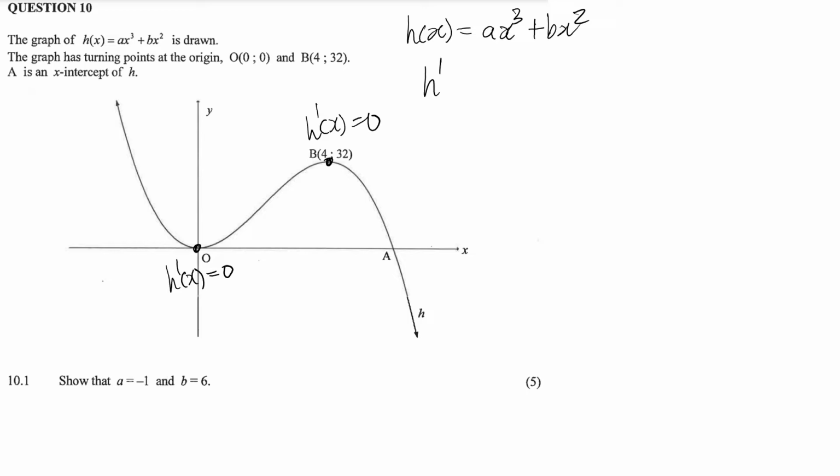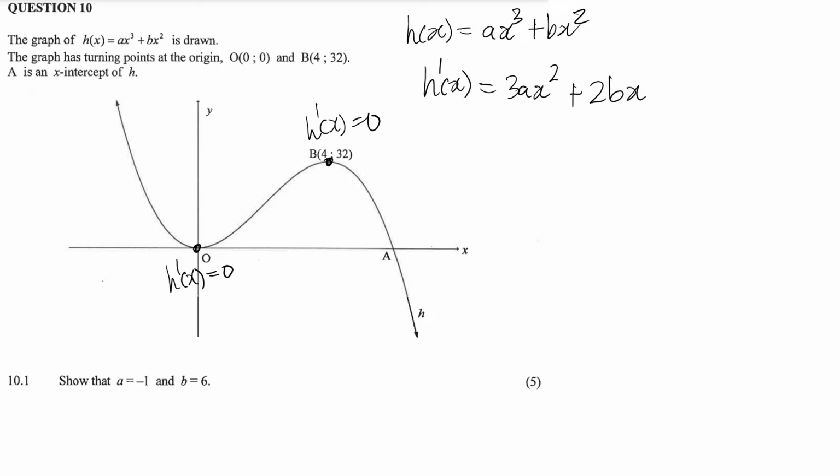So what we can do is first differentiate this equation by using the rules for differentiation. Power rule: it's going to be a times 3, which is 3a, and we subtract 1 from the exponent, we're left with 2. Then 2 times b, 2b, we subtract 1 from the exponent, we are left with 1.